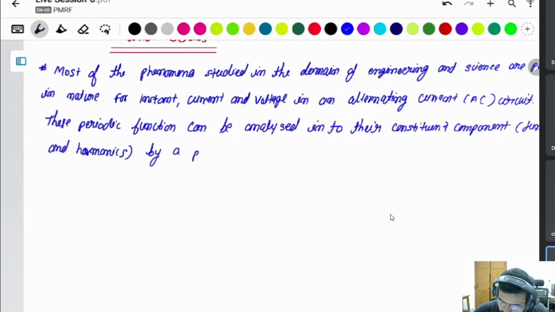This process is called Fourier series analysis, or Fourier analysis.